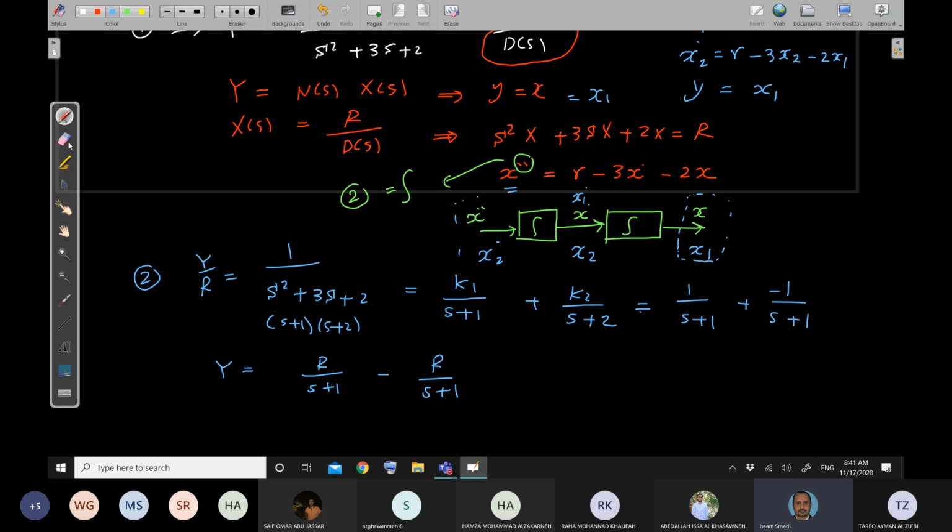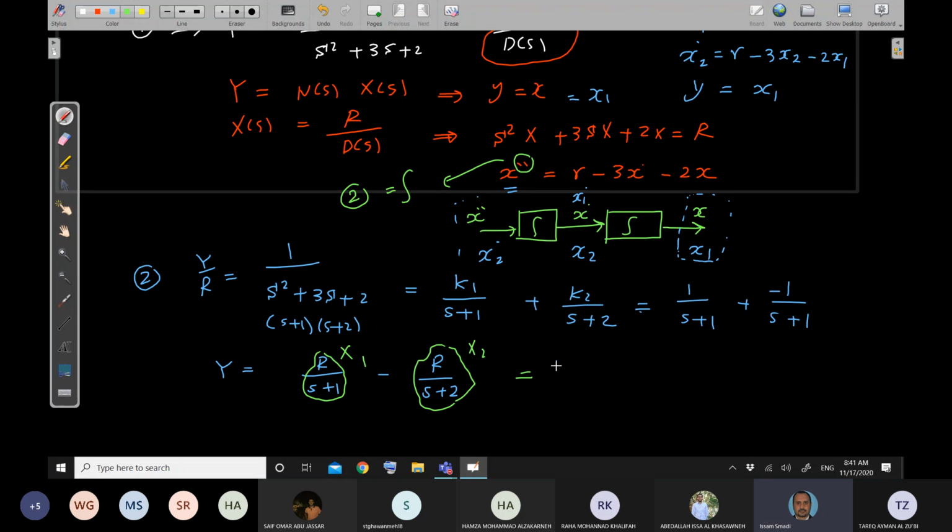Why? Because I will take r over d as my state variable. So here I will say that this one is x1, and let's assume this one is 2. And this one is my x2.